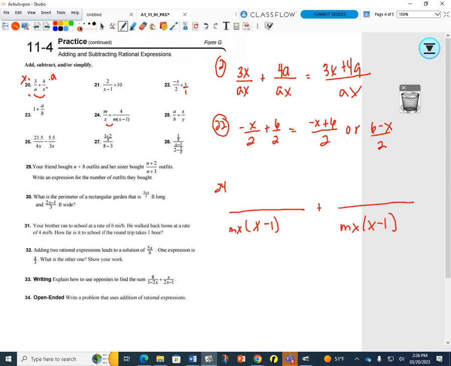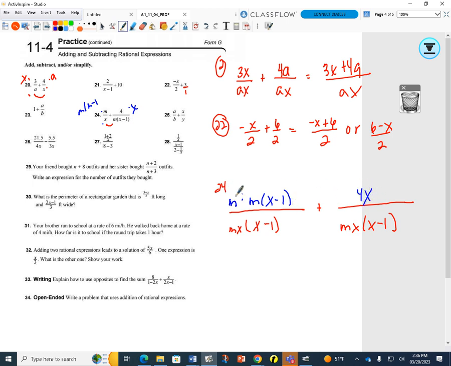Now remember, I multiplied this numerator by m times x minus 1, so I'm going to multiply that numerator by the same thing. And I think I'm just going to rewrite it on here. So this is going to be m times x minus 1. Here we only had to multiply this bottom times x, so I'm multiplying the top times x, so that's 4x.